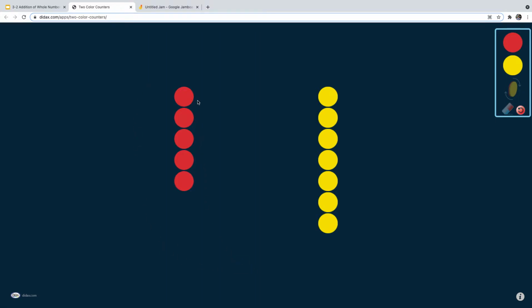Well, we can now use our counting on or other strategies. You can count on by saying that, oh, that's 5, and 6, 7, 8, 9, 10, 11, 12. Or the other way around, you have 7, 8, 9, 10, 11, 12. That's count on. Or you can do matching up to make 10.